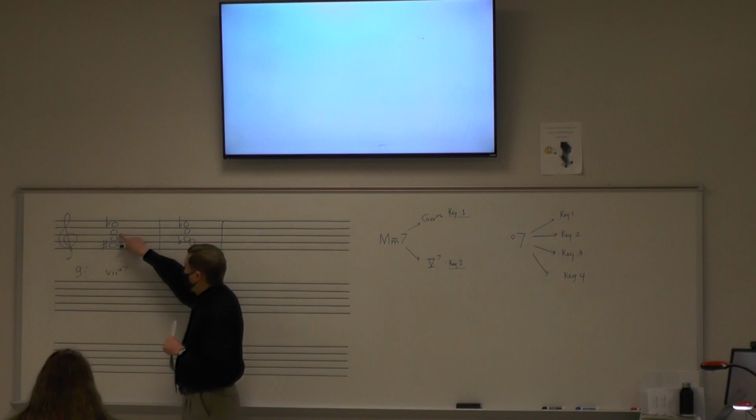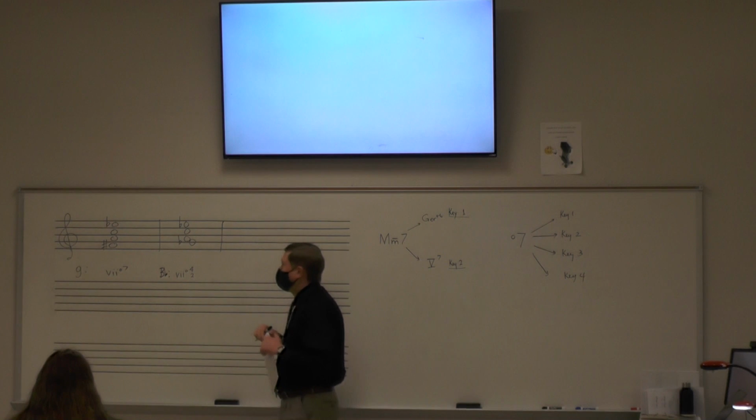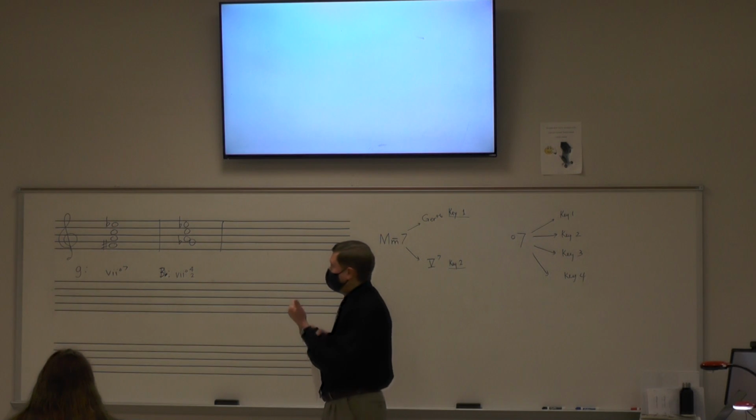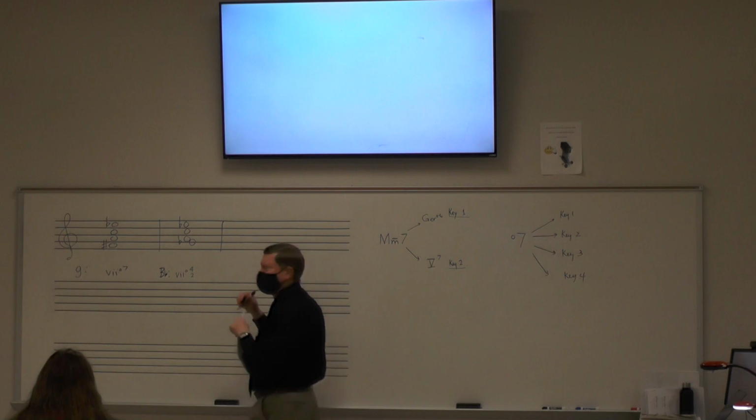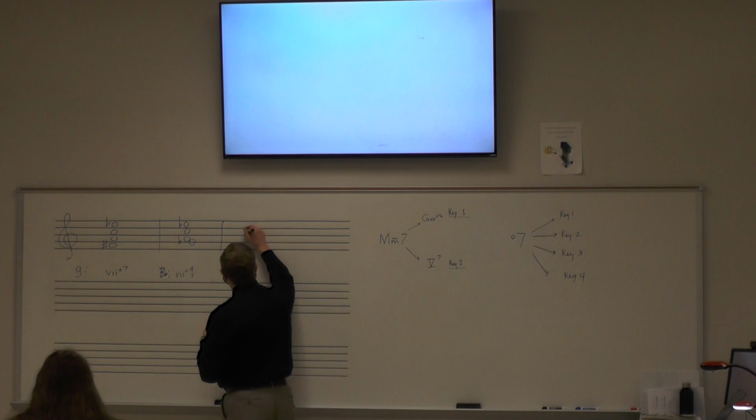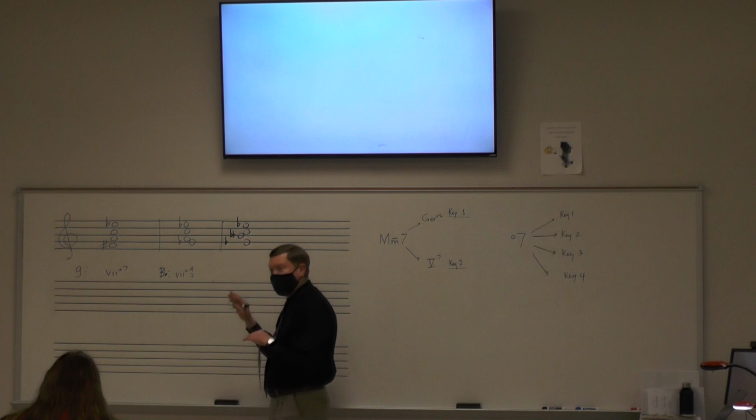This time let's try C as the root. How do you spell a fully diminished 7th chord on C? C, E flat, G flat, E double flat. Well, I'll give in to this one. Okay, C, E flat, G flat, B double flat. You see, I didn't move the pitches.